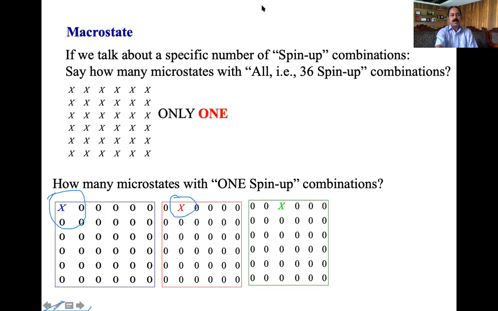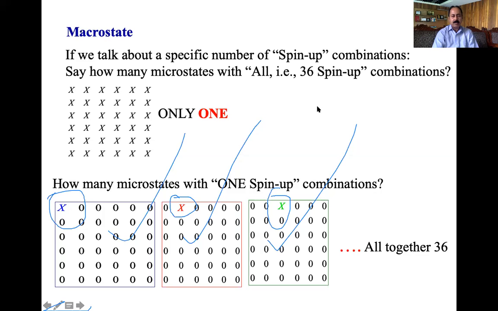Here I just put another combination. You can see that this is one with one spin. This is one, this is two, this is three. So in this way, if we proceed, you can see that altogether we can arrange 36 ways.